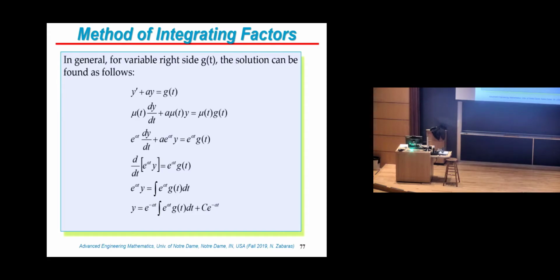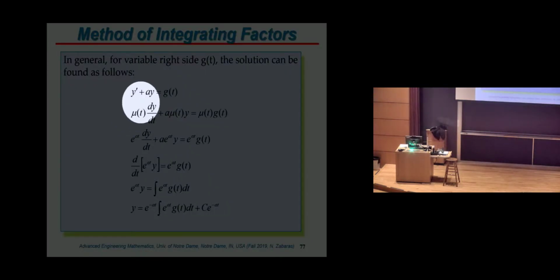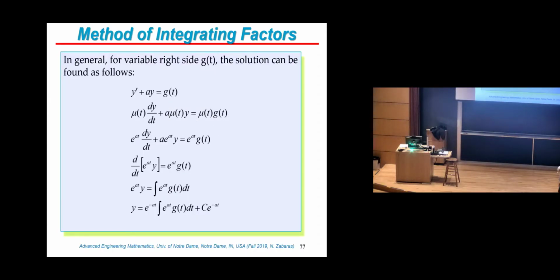So multiply by mu, all right? So can you tell me now, what do you like the derivative of mu to be equal to make this easy? So d mu over dt has to be equal to, on the left-hand side, remember, we need to get d over dt of mu times y.